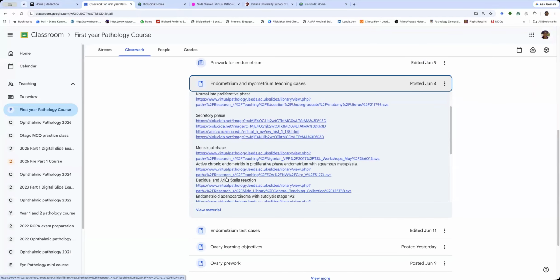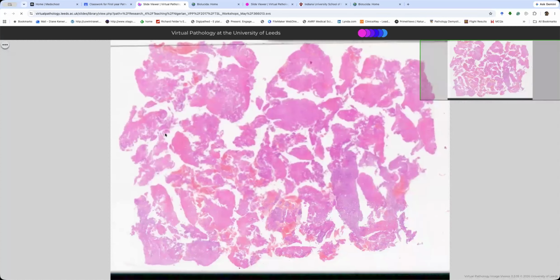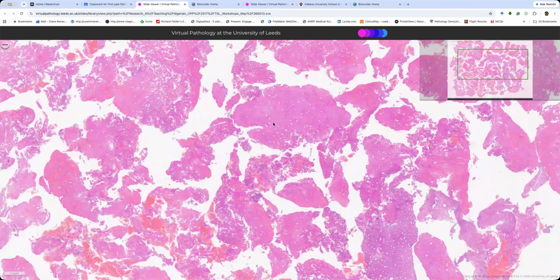Right, menstrual phase. Let's have a little look at menstrual phase. So here we are in lead. So this is a typical endometrial curettings. I don't think it's a polyp because it doesn't have that kind of blood cast wormy look to it. And it's all pink. So what does pink mean? Pink can mean a couple of things.